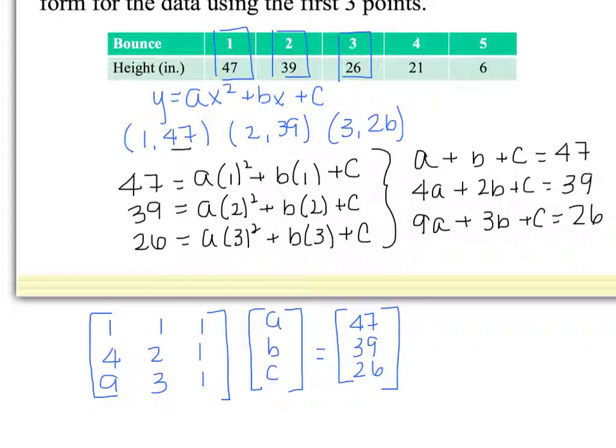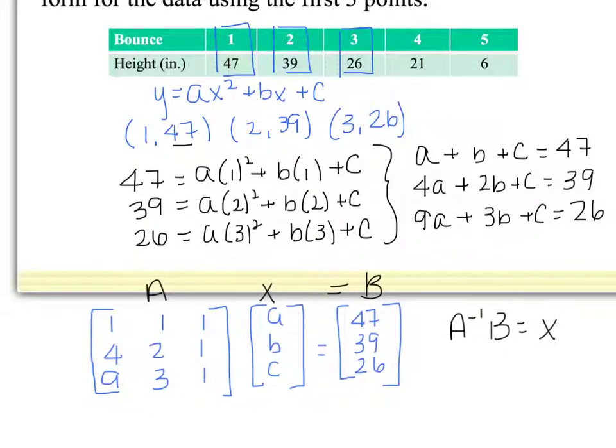Now I've got something of the form AX equals B, and hopefully you still remember that if we have the format of AX equals B, all I have to do is go A inverse times B, and I'll come up with my X matrix, which happens to be my variables. So why don't you put the video on pause, take a few seconds to do that, and see if you come up with the same thing that I did.